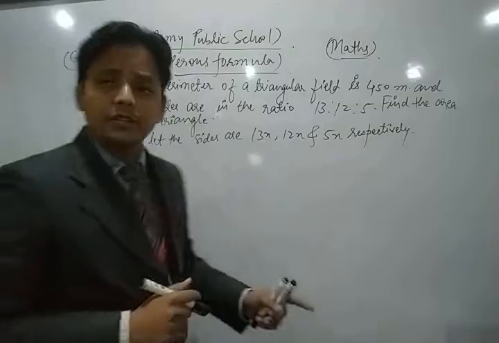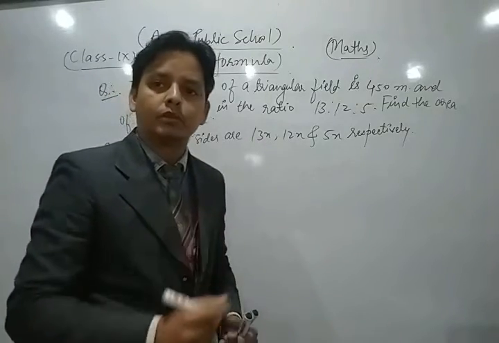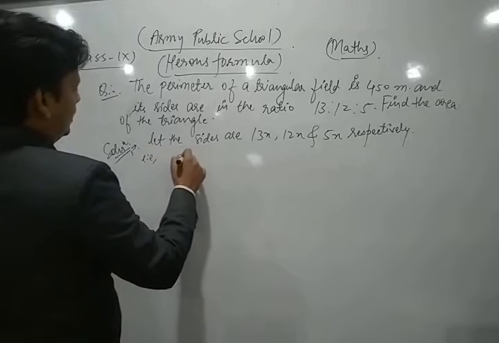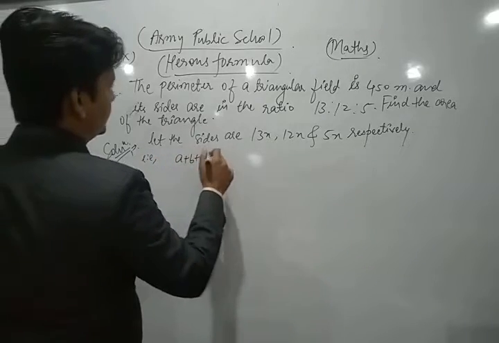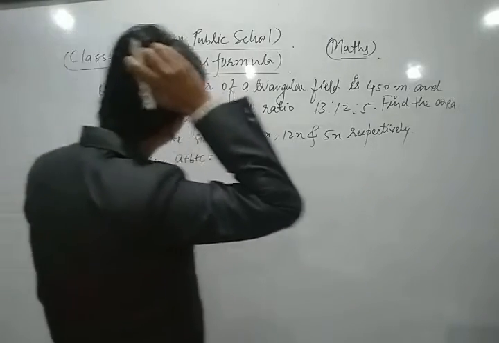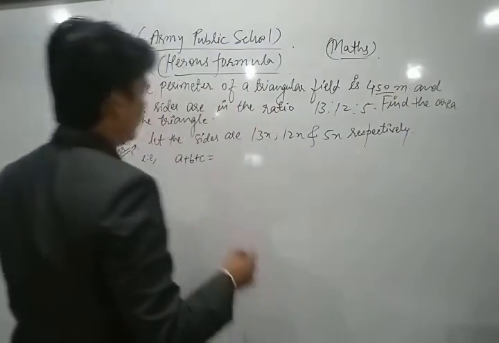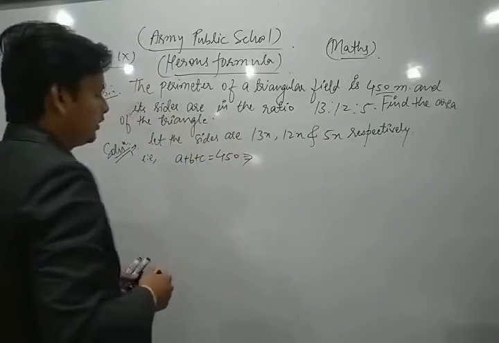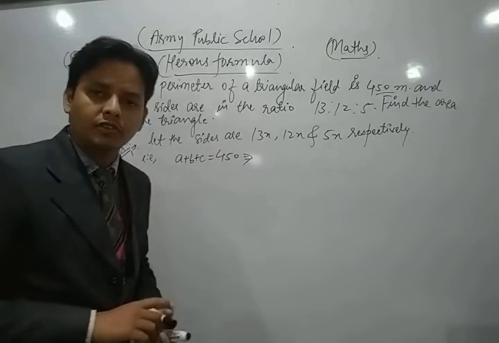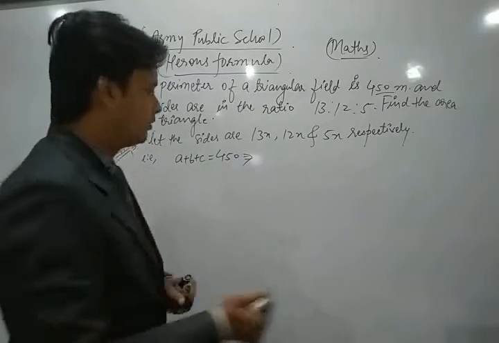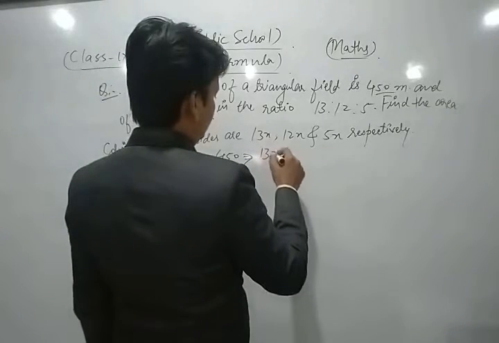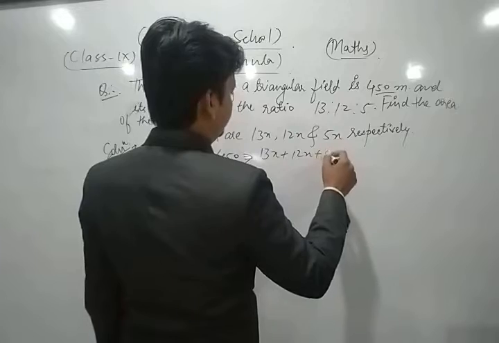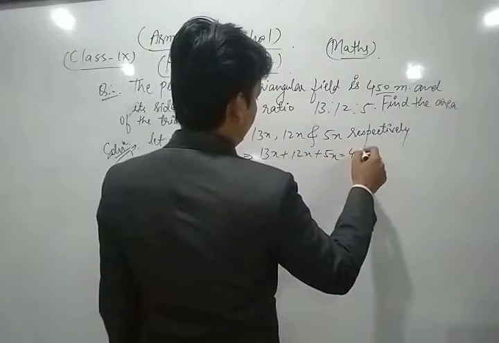Here the perimeter is given, and you know that the perimeter is the sum of all its sides, that is a plus b plus c is equal to 450. Now we put the values of a, b and c: 13x plus 12x plus 5x is equal to 450.